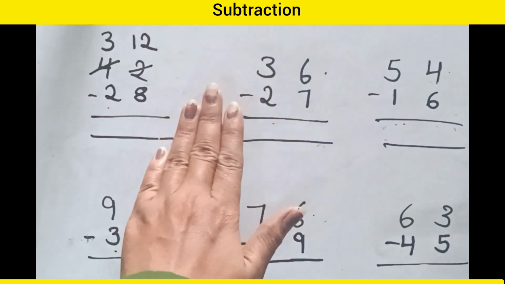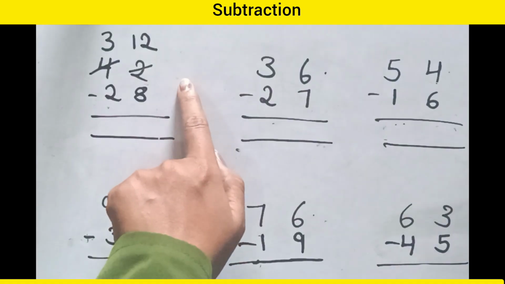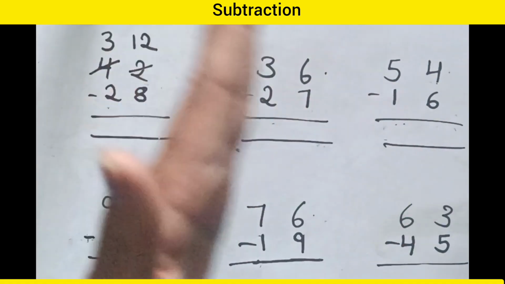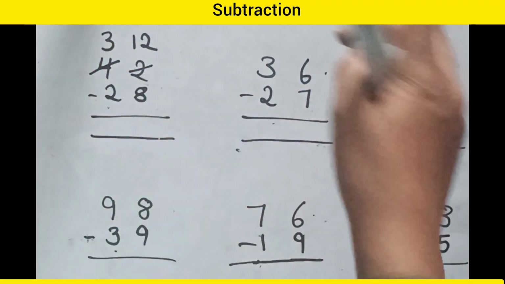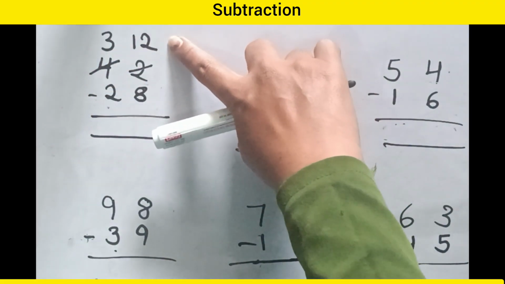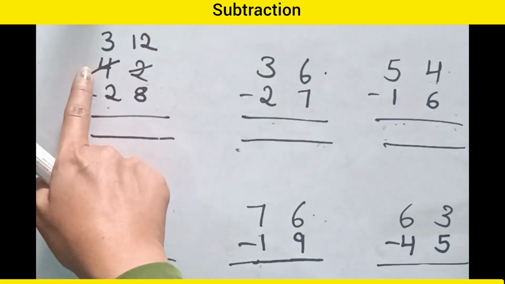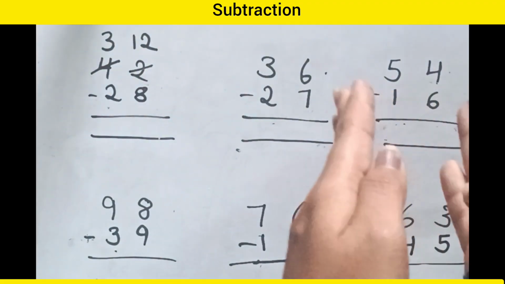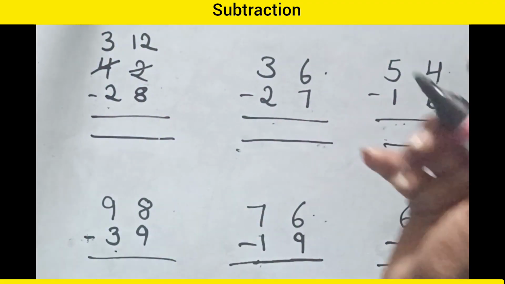It will give 10 to the 2. 10 and 2 addition gives us 12. That's why it will become 12, and this will become 3, because it gives only 1. I hope you understand.